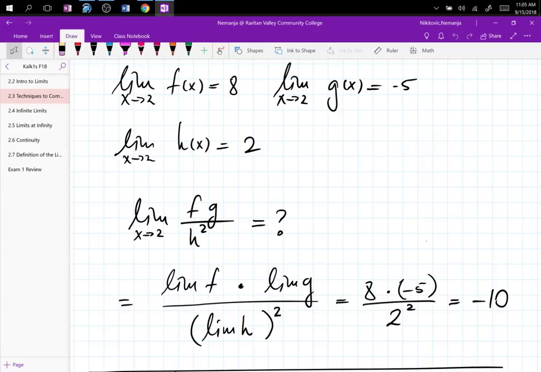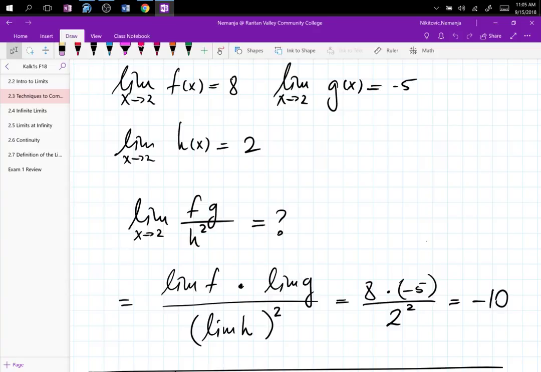Exactly. Oh, so that's what it means. Okay. And then the same thing with the powers, like the parentheses going around the function. I understand, but I don't understand the parentheses going around the whole limit. We do the limit first, then apply the power. Oh, that's what that means. Okay.